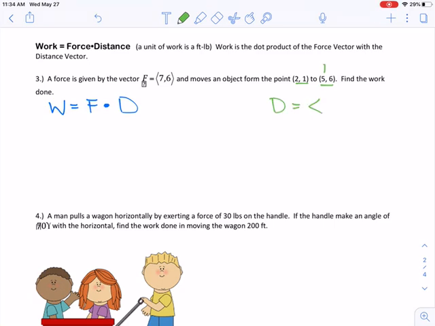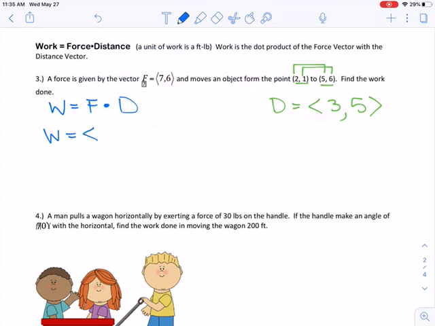I'm going to take the difference of my x's, 5 minus 2 is 3, and I'm going to take the difference of my y's, 6 minus 1 is 5. So for my distance vector, I travel forward 3 and up 5. So I now can find my work.